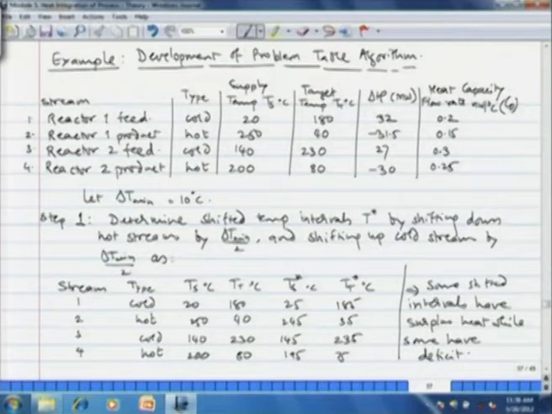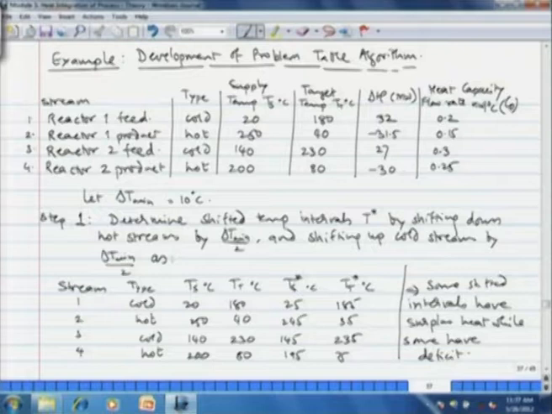Similarly, the target temperature is increased from 180 to 185. Stream 2, which was a hot stream, reactor 1 product, had a supply temperature of 250 which is reduced to 245, and the target temperature of 40 is reduced to 35. And therefore we have here the table of shifted temperature intervals.